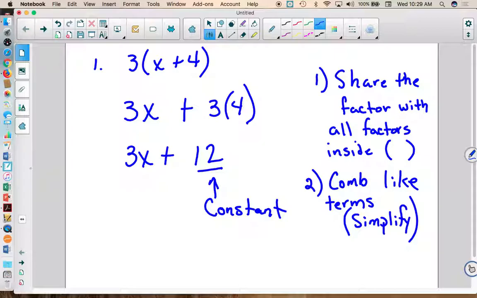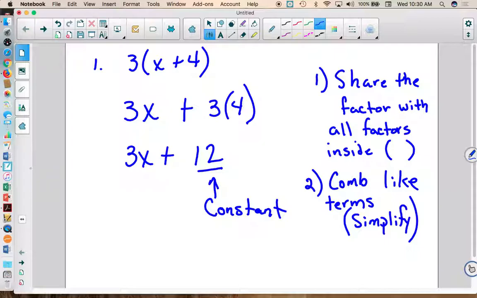Okay? And for some of you, it may be that you need to create, let's just say you need to create this. You need a note card. You need a note card, and you need to create these steps.